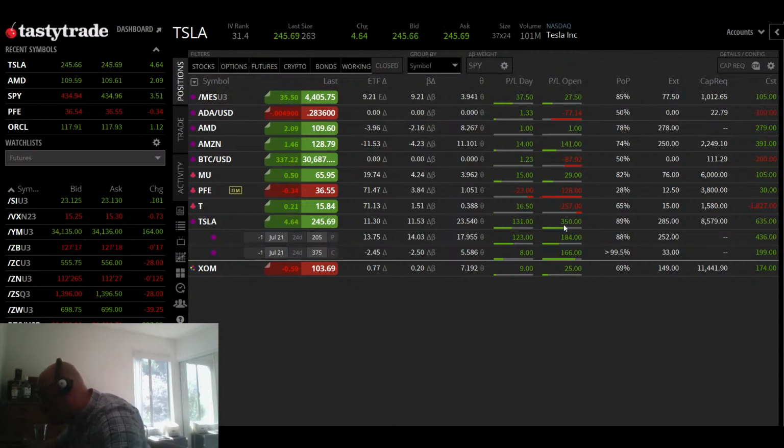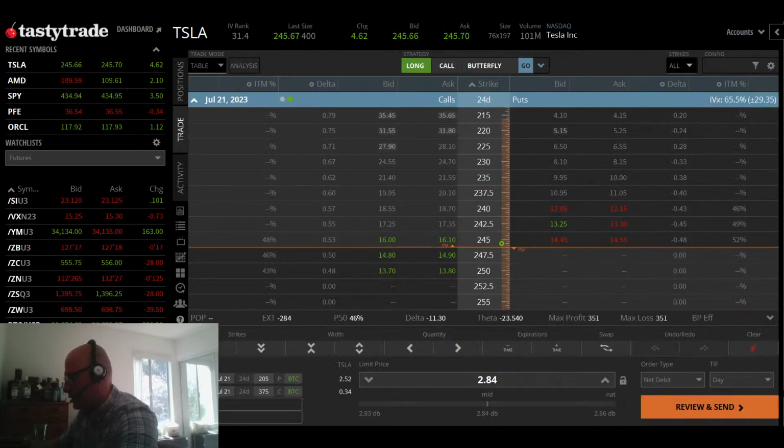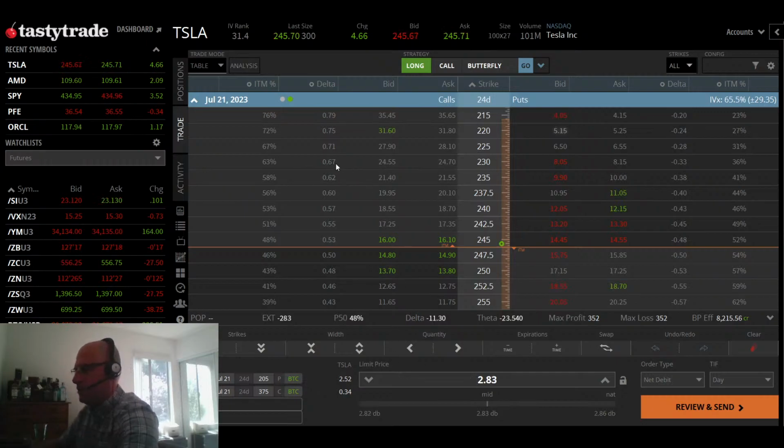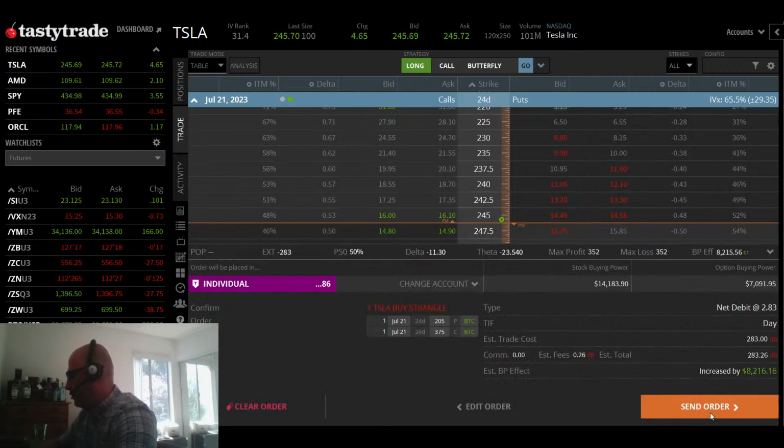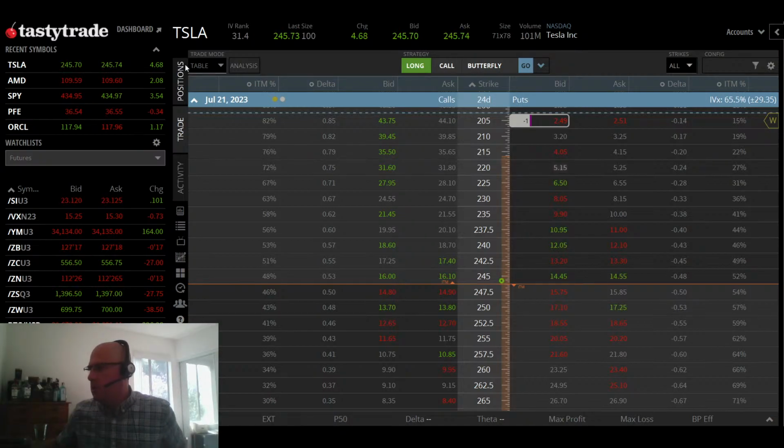So I've made on this position $390, and it's a one lot. So yeah, I'm above the 50% profit on here. So I think I'm going to put in a closing order for this. And if they fill me, they fill me. If not, I'll close it tomorrow.